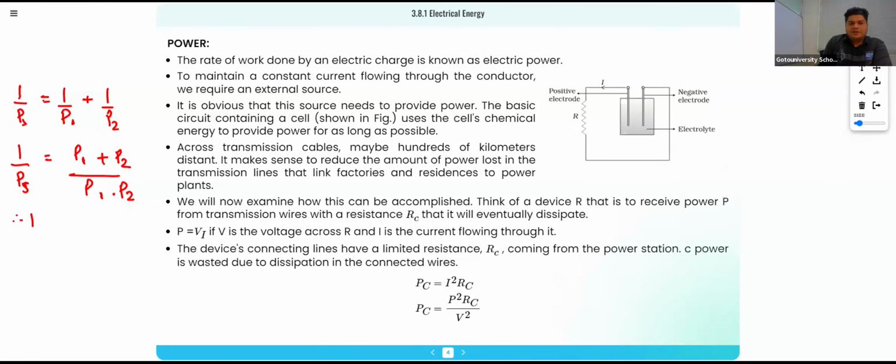So that means your power in series will be equal to P1 P2 over P1 plus P2. This is the case for series.